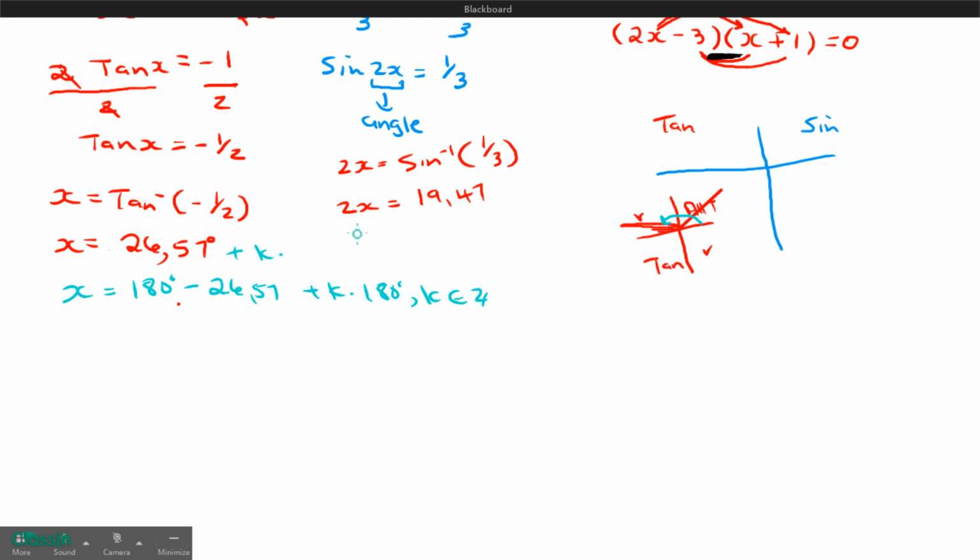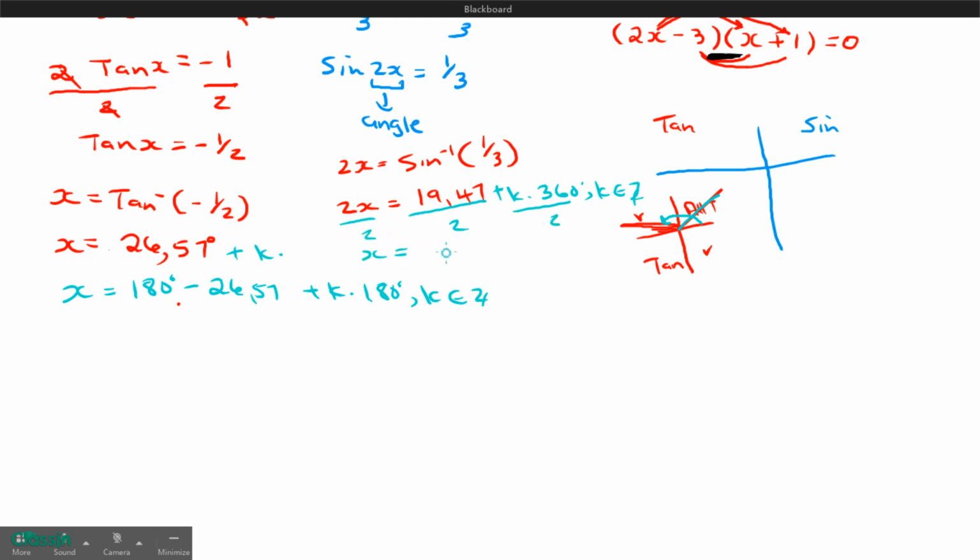And when we come to this, we say 19, something. We can also do the same. It means that this is our first solution, plus k multiplied by 360 degrees, where k is an element of integers. But again, you divide this by 2, you divide that by 2 because of the 2 that is this side.